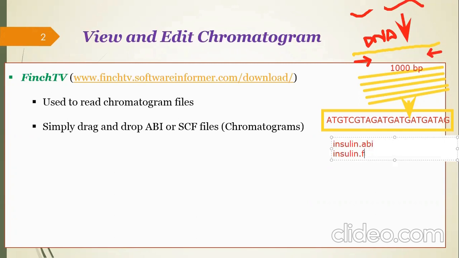Normally that is txt, a text file. This text file can easily be opened in Notepad. And what people normally do is open this Notepad file and get this sequence.